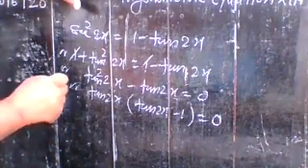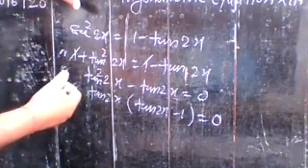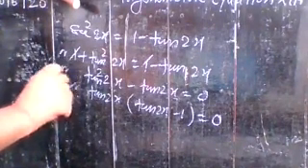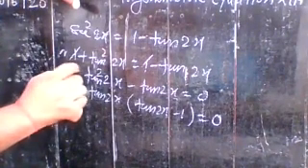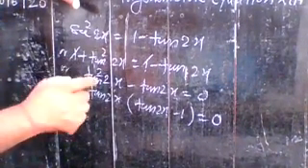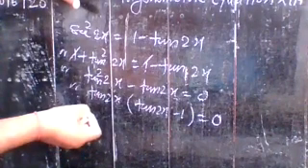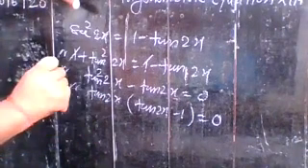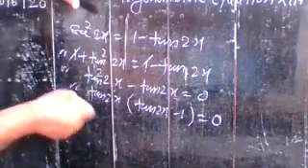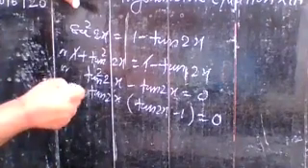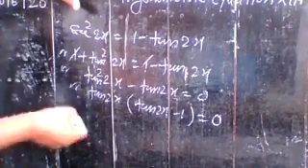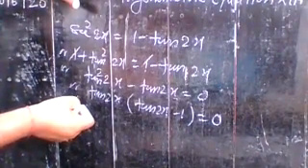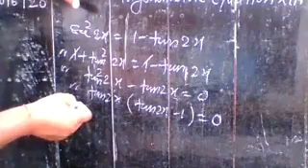Because you can always cancel a quantity from both sides only if that quantity is not equal to 0. You can cancel equal quantities from both sides whenever you are sure they are not equal to 0. If there is a possibility that it can be 0 also, you can't cancel it. Understand? So please note this point.